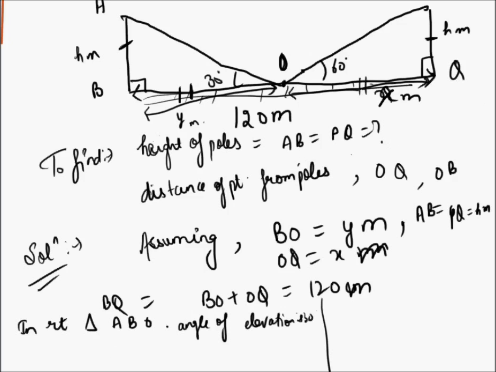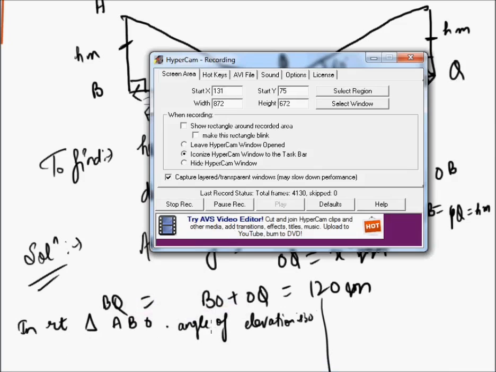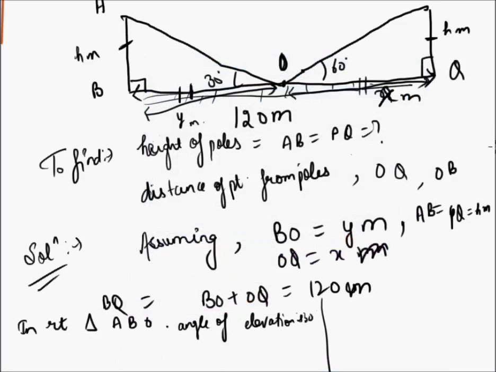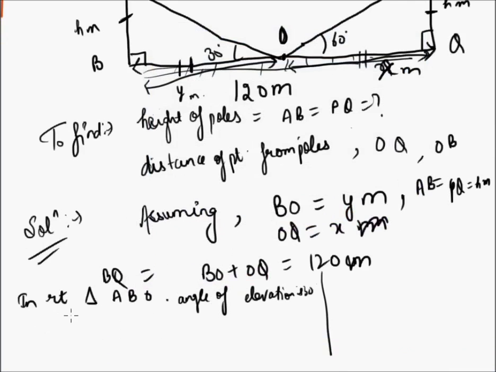So again we need the tangent of the angle. In right triangle ABO, the angle is 30 degrees, so tangent will be perpendicular over base, that is h meters, or AB, over base, which is y.